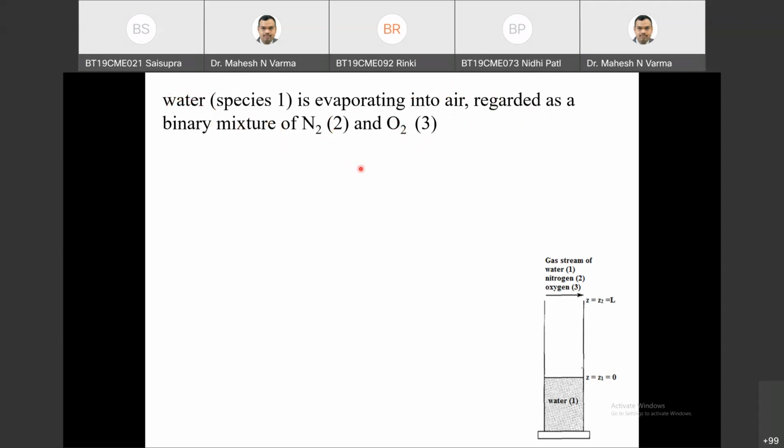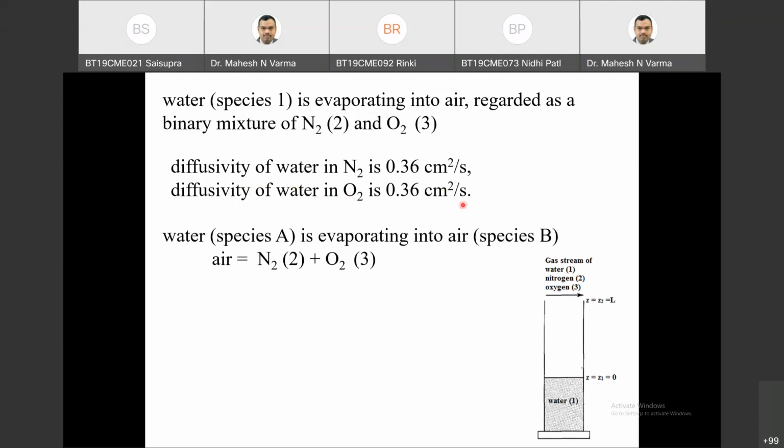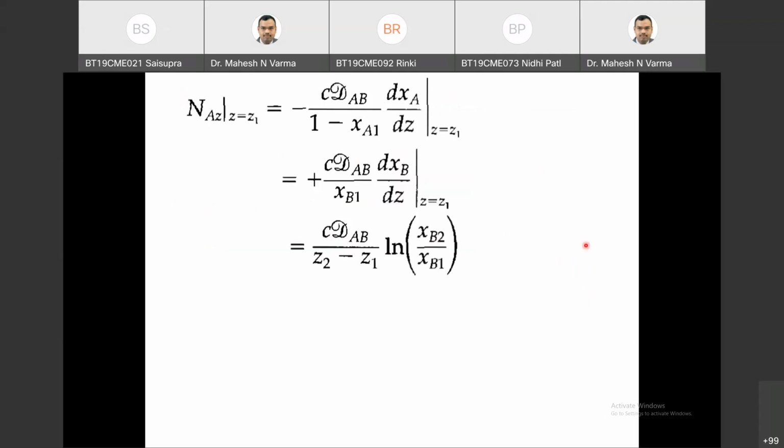So nitrogen and oxygen together are the same species for evaporation of water. I can take water as species 1 and air as species 2, so water species A is evaporating into air species B.